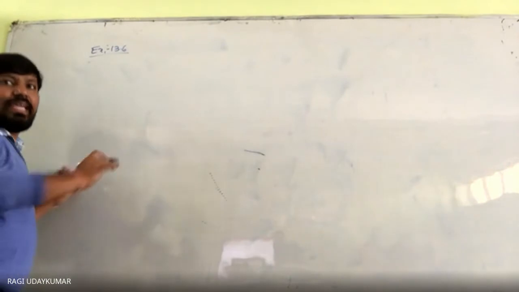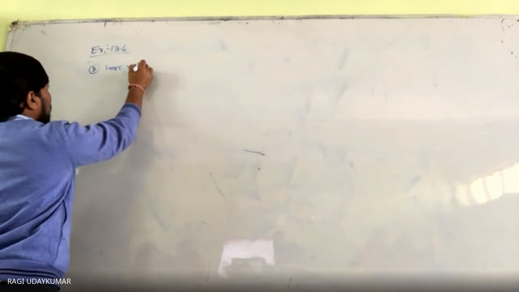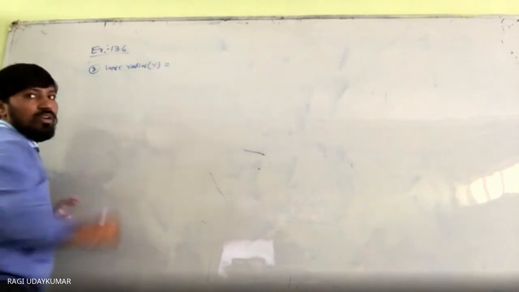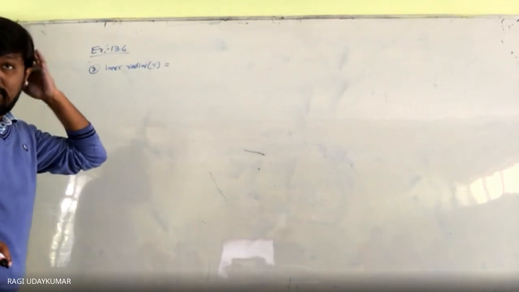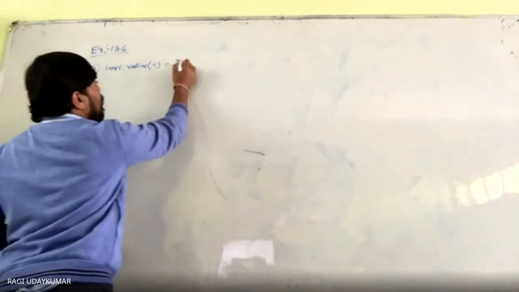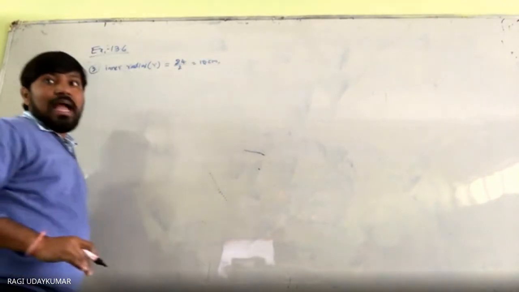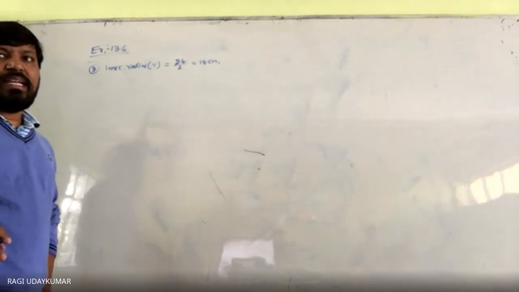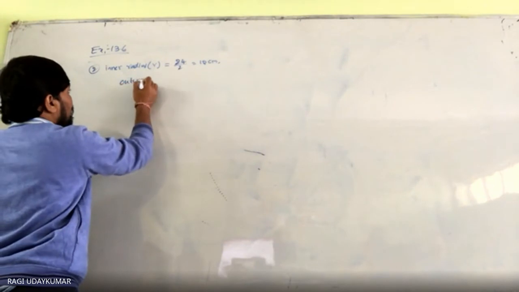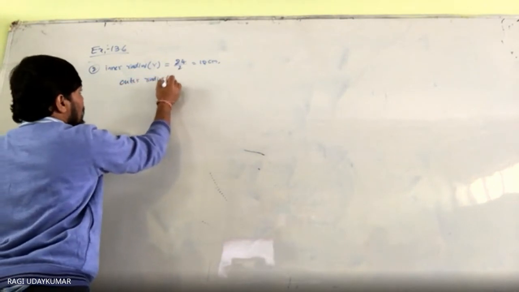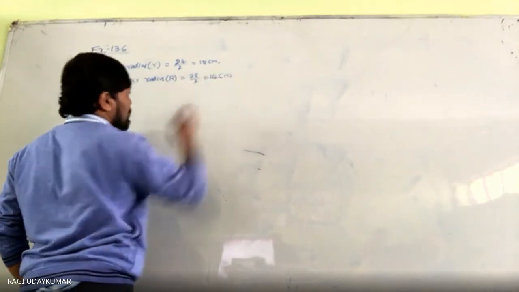So what is given here? Inner radius. What is the inner radius? Consider it small r. Inner radius is equal to diameter, which is given as 24, divided by 2, which is equal to 12 centimeters. And outer diameter is given as 28. So outer radius, capital R, is equal to 28 by 2, which is equal to 14 centimeters.